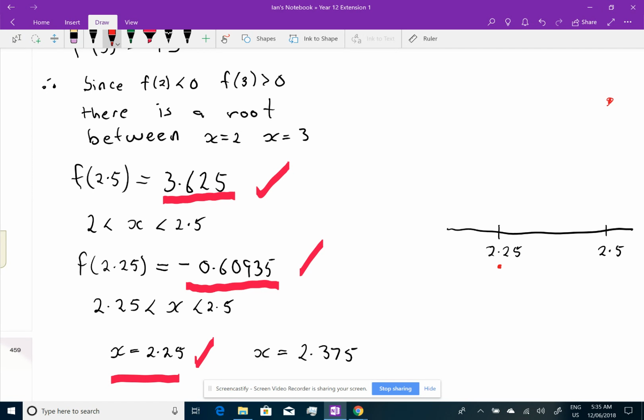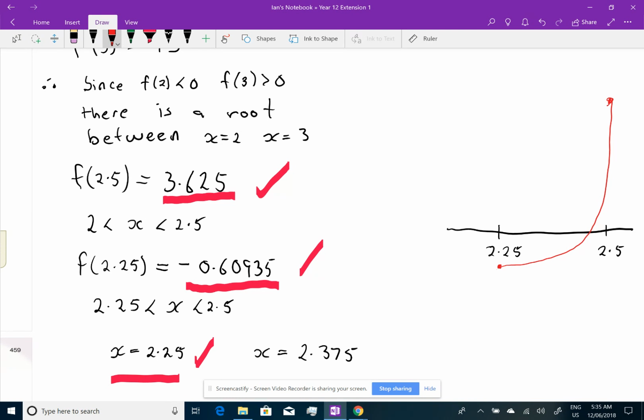But if you didn't know what the curve looked like, this curve could be going like that, in which case 2.5 is actually closer to the root. So making the assumption that 2.25 is the answer sometimes can be fraught with a little bit of danger. So be careful of that one.